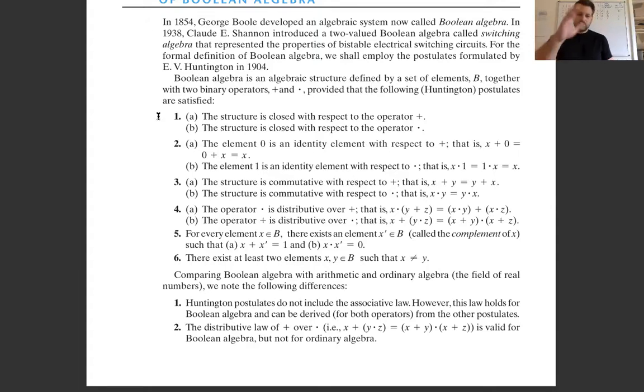Okay, so you've looked over these for a second. Closure just means that whenever we operate on a set of binary variables, we aren't given a value that is outside the set of those variables. And I'll give you an example of what I mean.